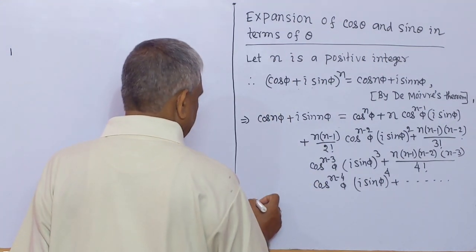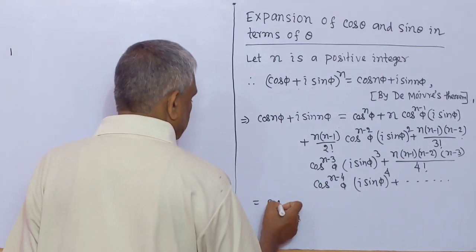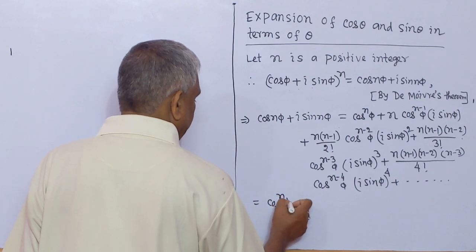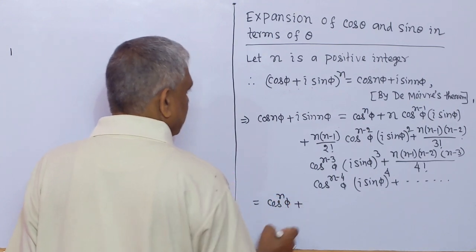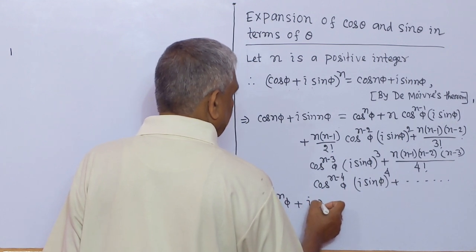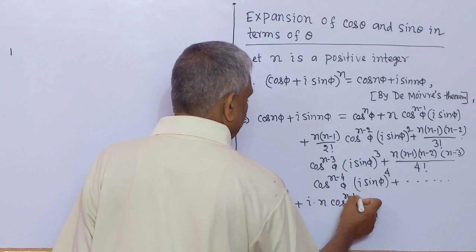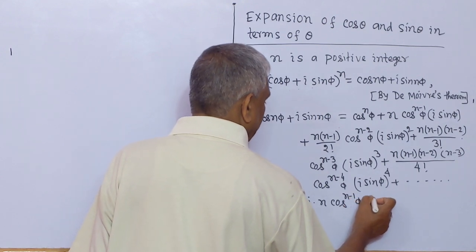We may write the right side as cos to the power n phi, plus i multiplied by n cos to the power n minus 1 phi sin phi.